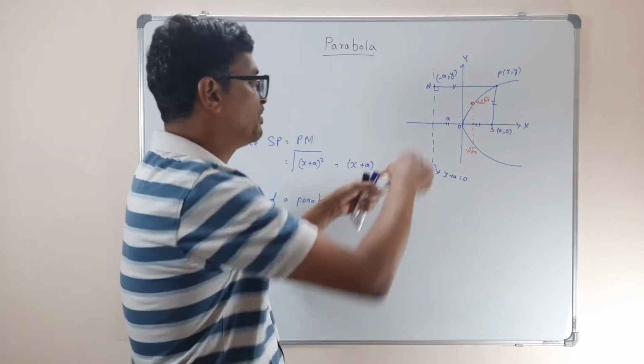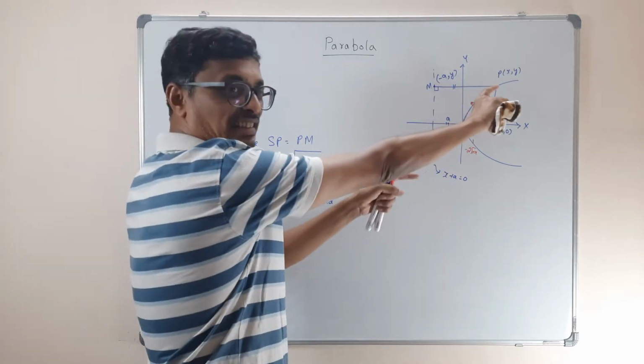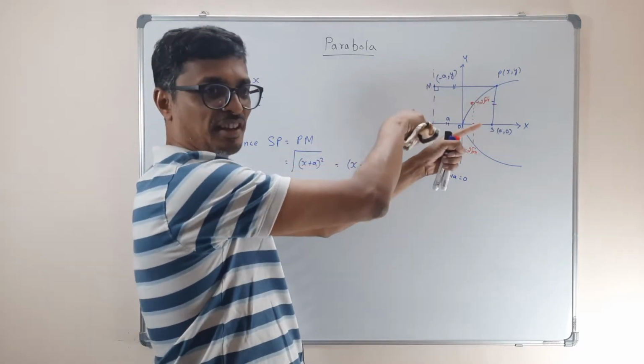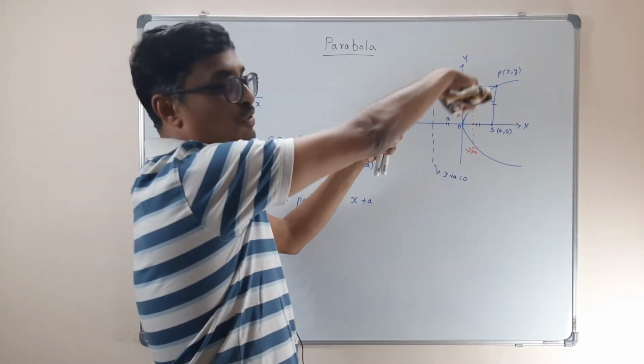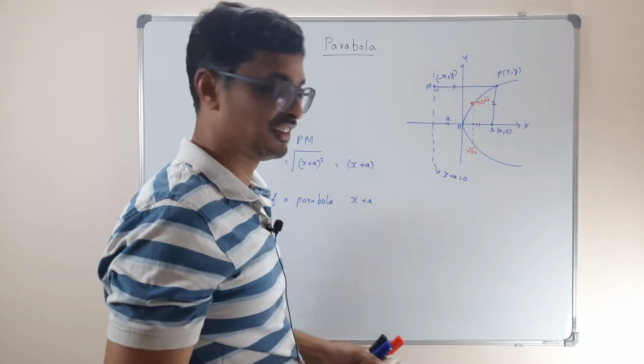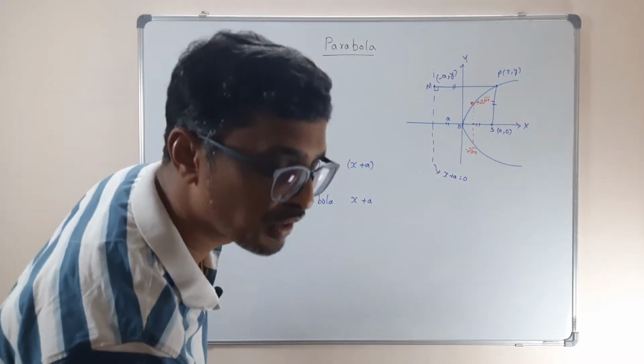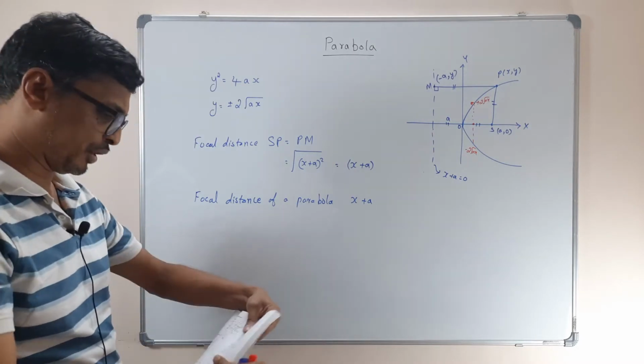It will be the same because it's a magnitude, a length. It's not going to make any difference. Now, what about when the parabola is along the y-axis? The x will be y, so it becomes y plus b. So that's your focal distance also.